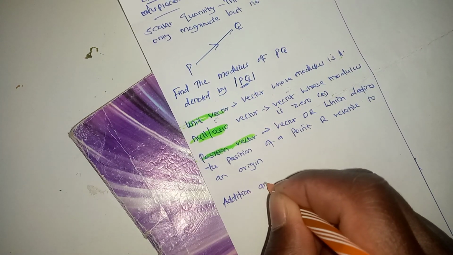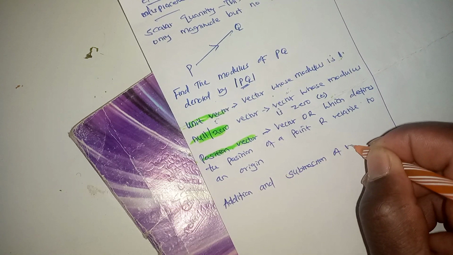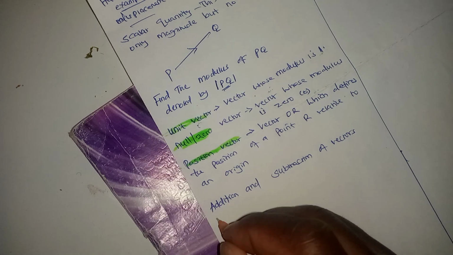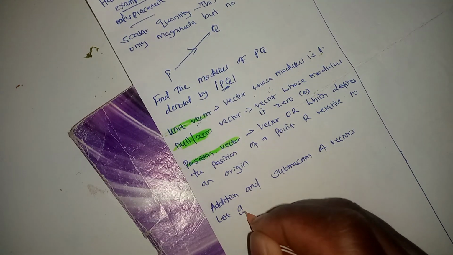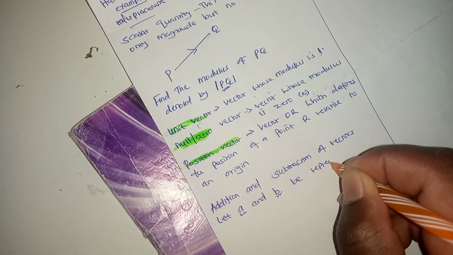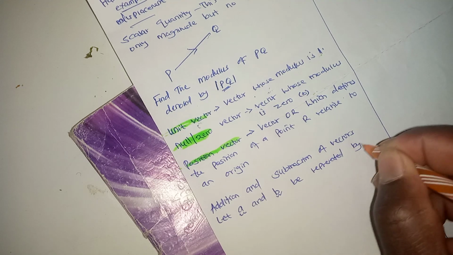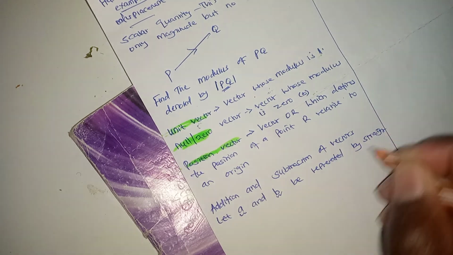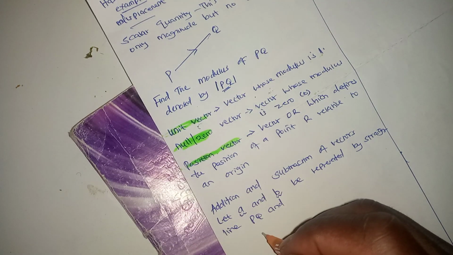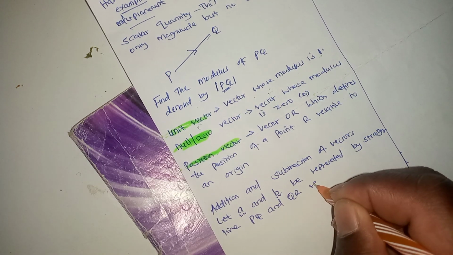Let vector A and vector B be represented by straight lines PQ and QR respectively.